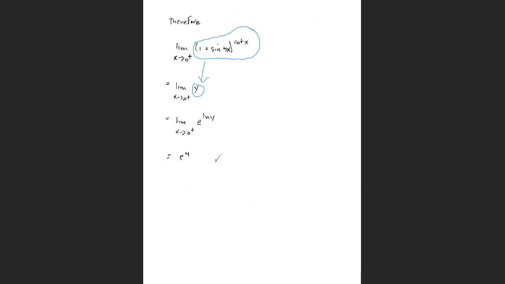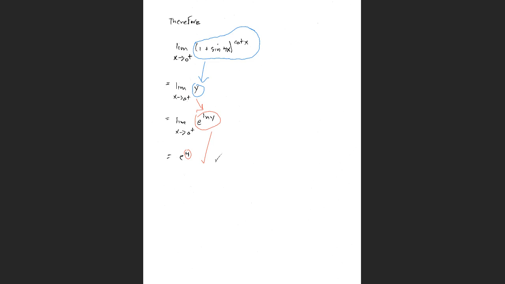But I can write y as e to the natural log of y. We already know that as x approaches 0, the natural log of y approaches 4. And so the answer is going to be e to the 4th. That's the limit.